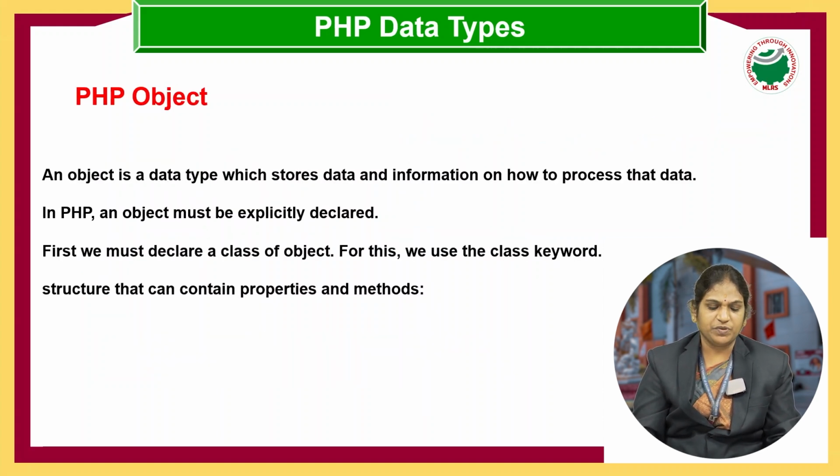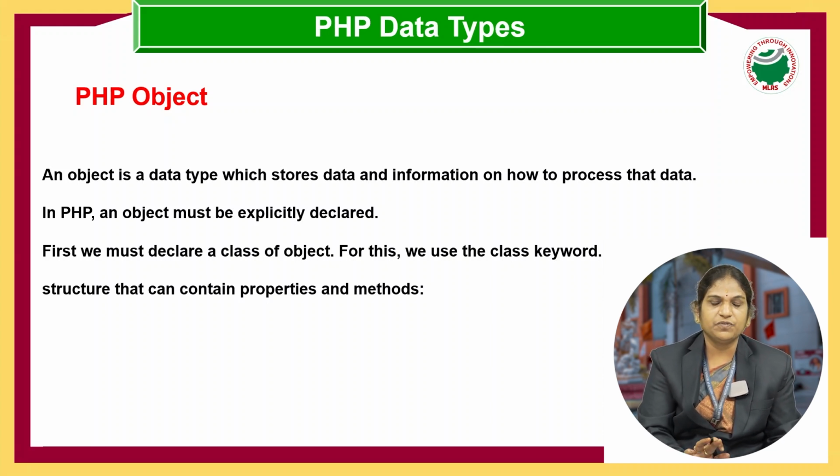And PHP object. It also supports the object data type to store the data and information on how to process that data. And how the objects are going to be created? First, we need to create or declare a class, and to that class we are going to create an object.